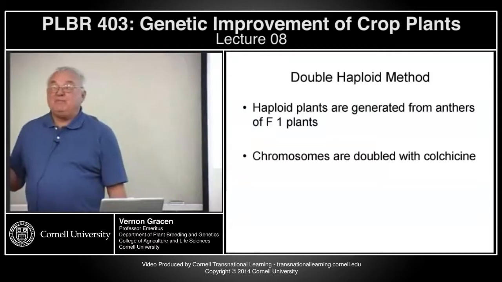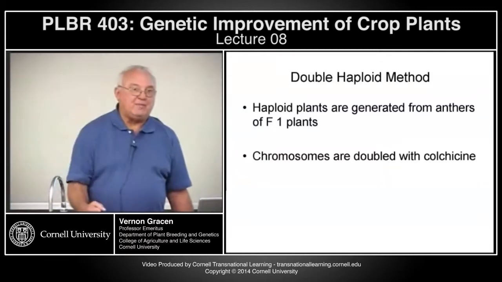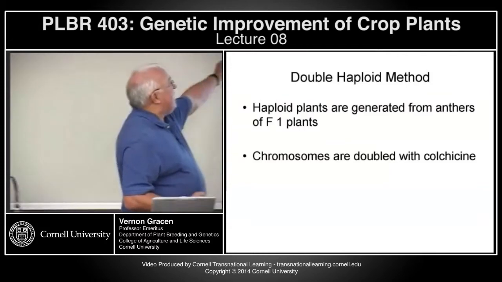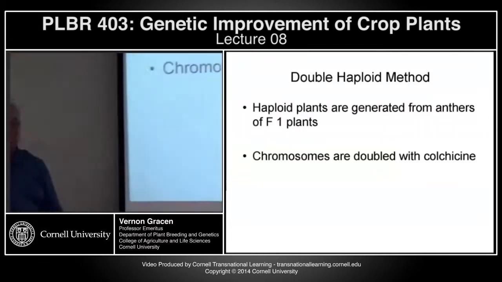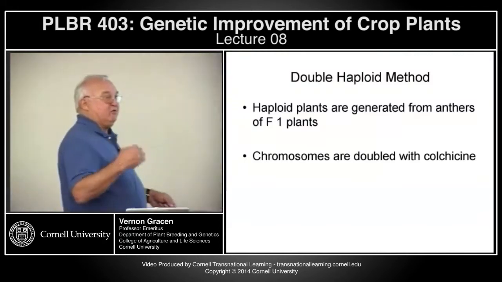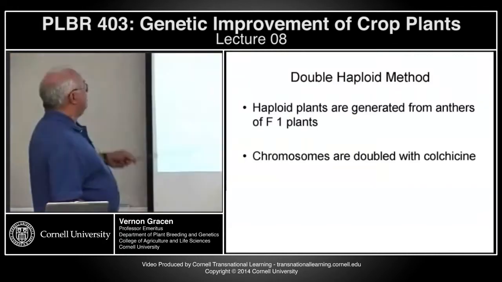All right, the double haploid method is becoming more and more prominent in breeding programs. Basically, you generate haploid plants from the anthers of your F1 plants, and you never really go through an F2, 3, 4, 5, 6 generation.